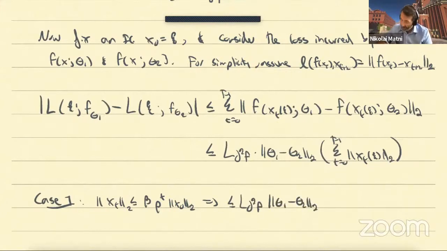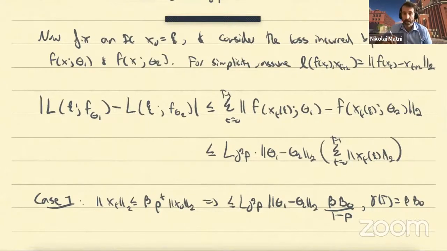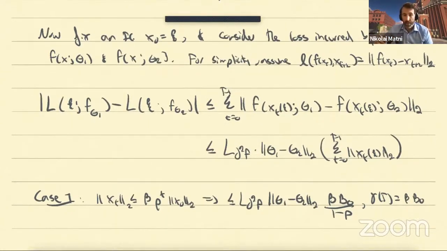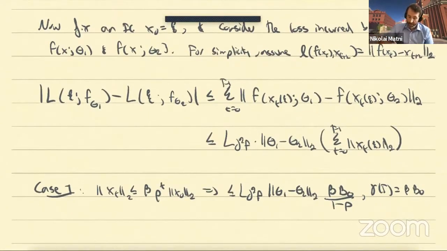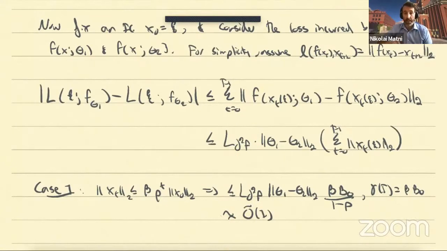So this will be given by beta b0 over 1 minus rho. I'm bounding the sum there. We also have that gamma t in this case is equal to beta b0, just to highlight that now we can back substitute in these ideas. So this is nice because in this case, my Lipschitz constant is order 1 relative to the task horizon.